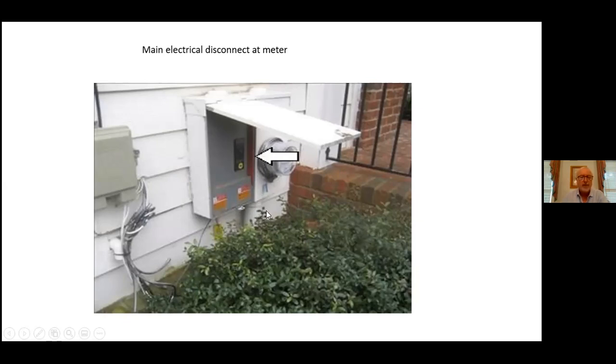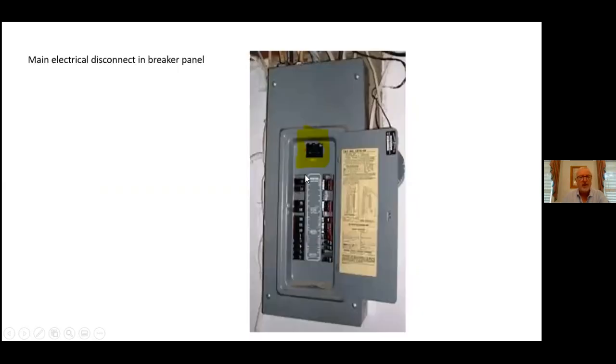The other possible location for it is in the actual breaker panel itself. And this is more common in more modern homes. Some of them actually today have one on the outside and one on the inside. I'm not sure exactly why they started doing them on the inside. A thought had been perhaps, well, hey, if I went on the outside, I noticed that the house was empty for a while.